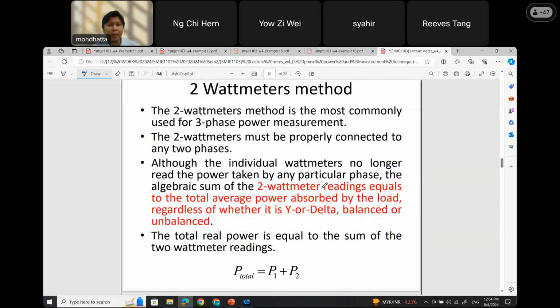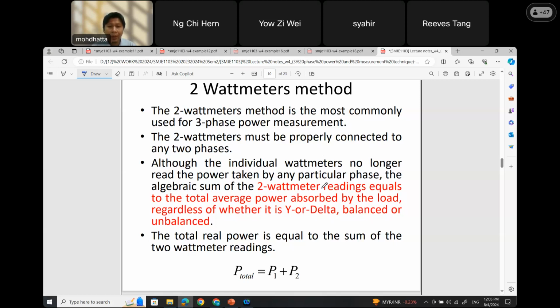So there is a way we can consider more cost effective compared to using 3 watt meters, where we try to reduce the use by one watt meter out of the 3 watt meters, which should be the ideal solution for our problem.